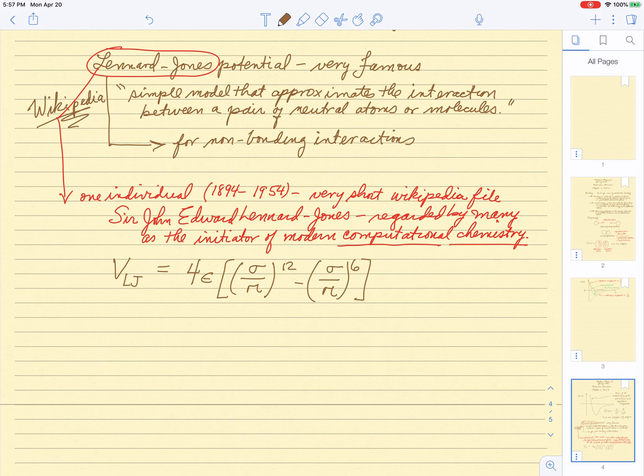So sometimes this is called the Lennard-Jones potential. You will sometimes hear it called the 6-12 potential due to the exponents in the form of the equation above. Sometimes you might see it called the 12-6 potential. Depends on whether you're dyslexic or not.